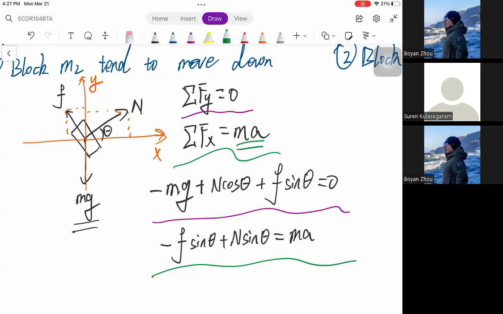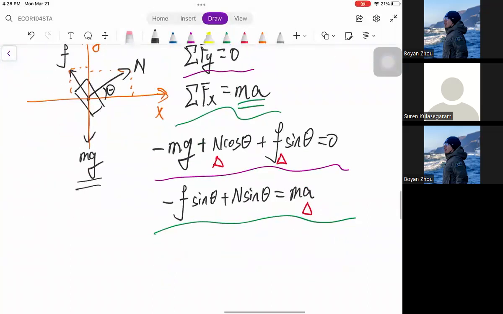So here we have two equations, but we have three unknowns. So we need to find another equation to make the system balanced.